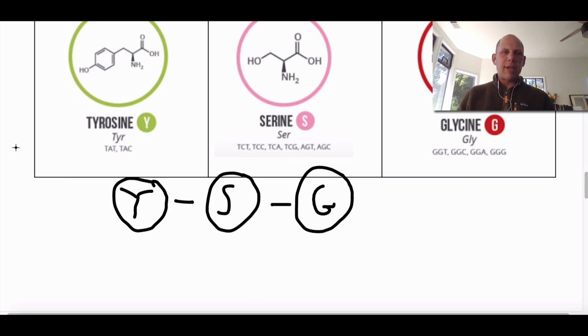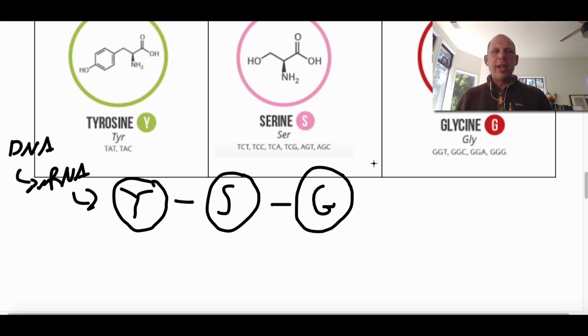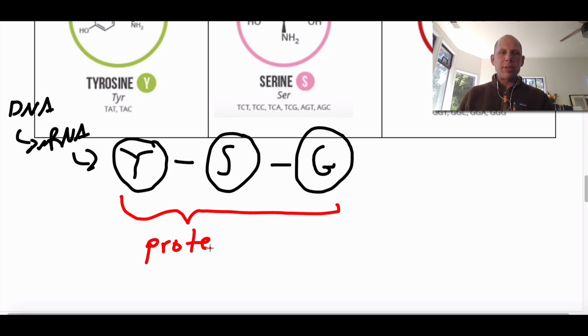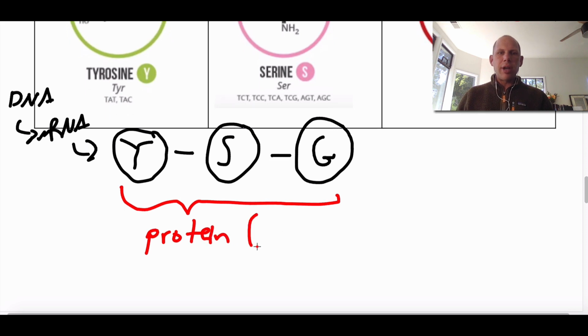Obviously, this protein came from the DNA, which came from the messenger RNA, which made the protein, and that's the central dogma of biochemistry, remember. So we have this larger protein that we are going to make. Different amino acids come together to make a protein. But another word for a protein is polypeptide.